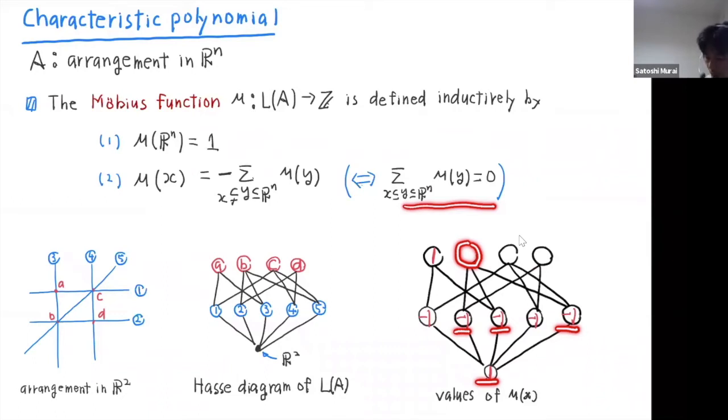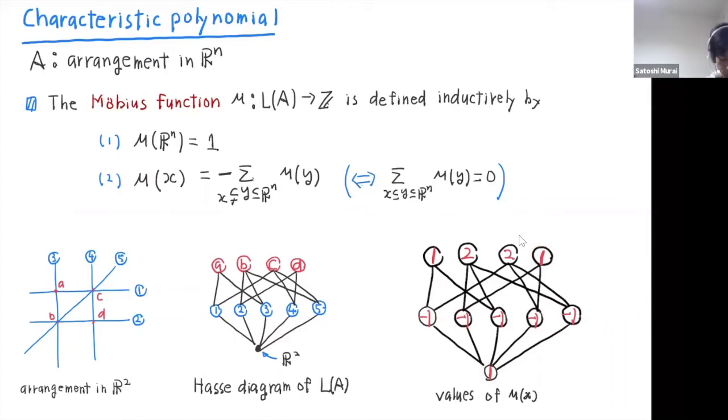Because we have 3 times minus 1 and 1 plus 1, the value of the Möbius function of this element should be 2. And similarly, if we consider this element, the sum of the Möbius function of these 4 elements must be equal to 0, so this must be 2. And finally, the value here is 1 by the same rule.